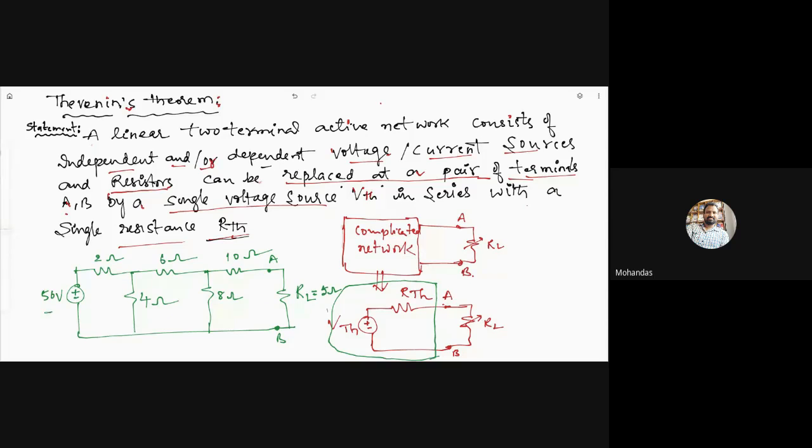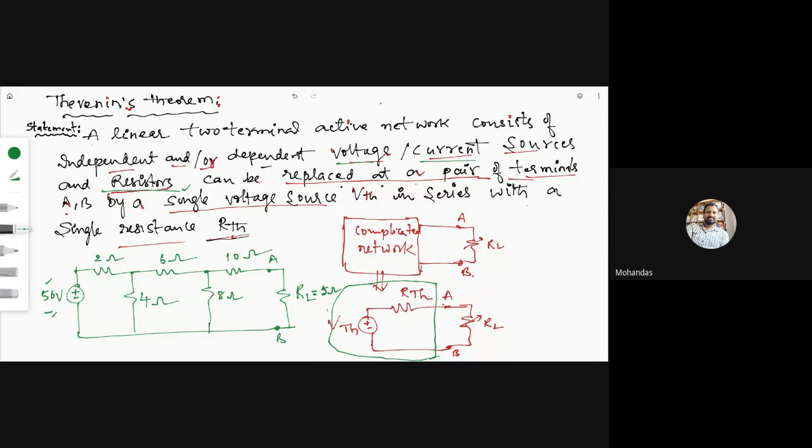The 50 volt source is the independent source, and in the circuit dependent sources are not there, but dependent sources may also be present, and the source may be a voltage source or current source. Here we have taken a voltage source, and this also consists of resistors.